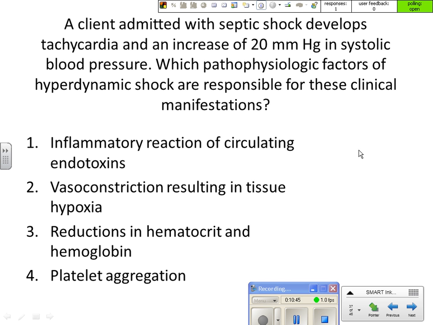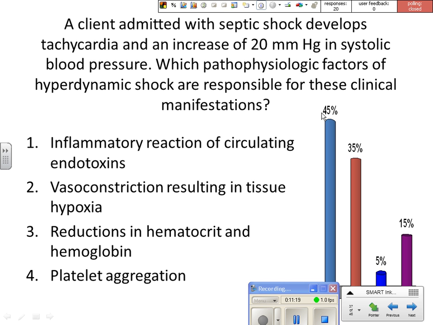The inflammatory reaction of circulating endotoxins, vasoconstriction resulting in tissue hypoxia, reductions in H&H, or platelet aggregation. 45% said inflammatory reaction of endotoxins, 35% said vasoconstriction, 5% reductions in H&H, 15% platelet aggregation.